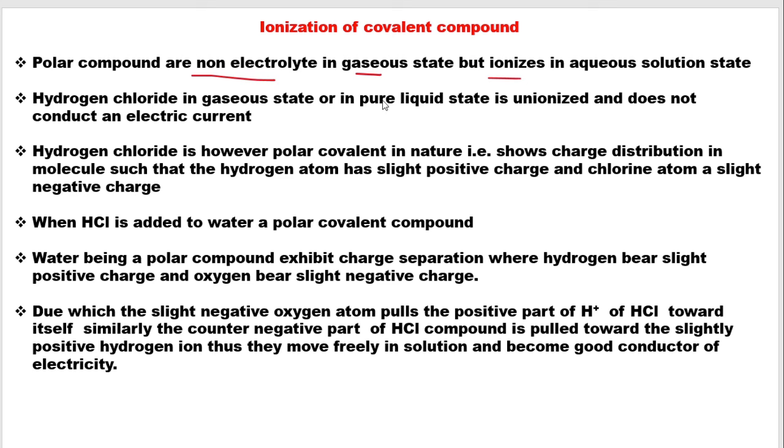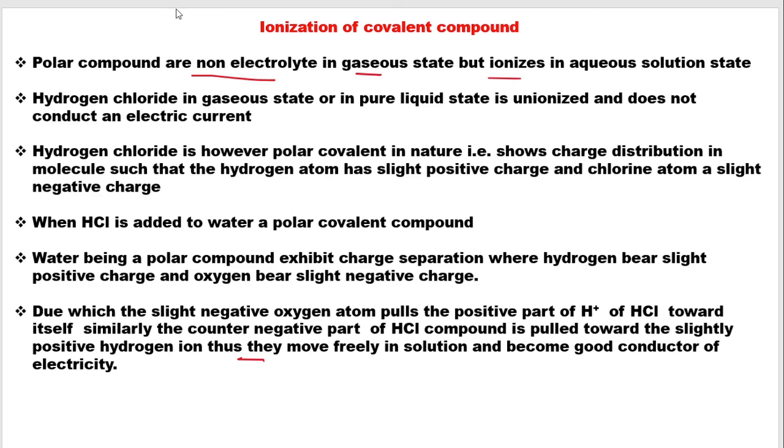Since water is a polar compound, just as I have explained earlier, the negative part of the water will pull the positive part of your covalent compound towards itself, so that the ions will get separated and move freely and become a good conductor of electricity. So covalent compounds will become good conductors of electricity, or electrolytes, only in an aqueous solution.